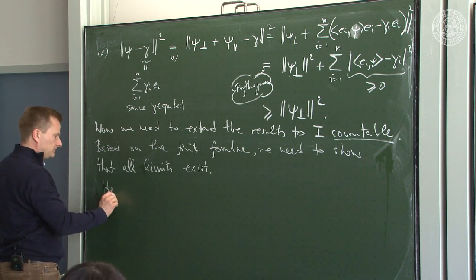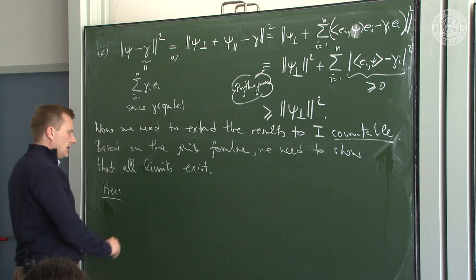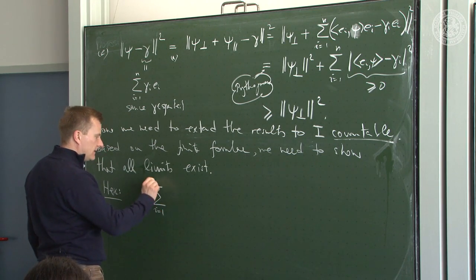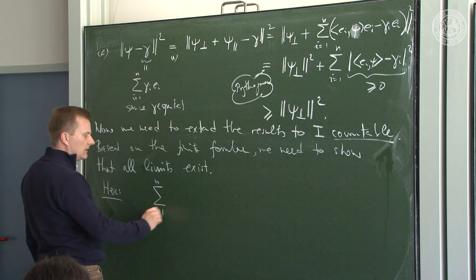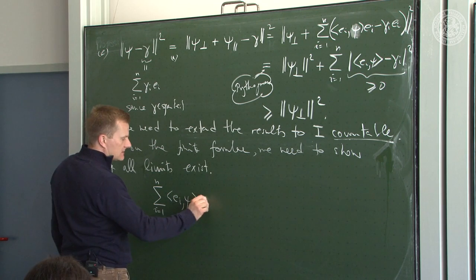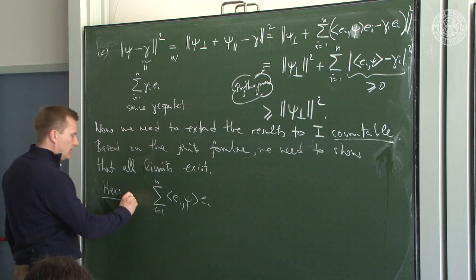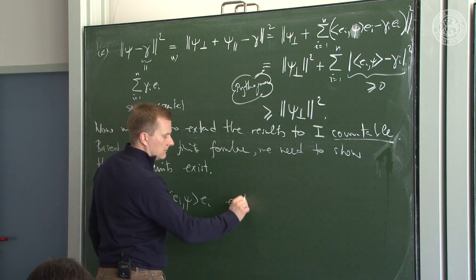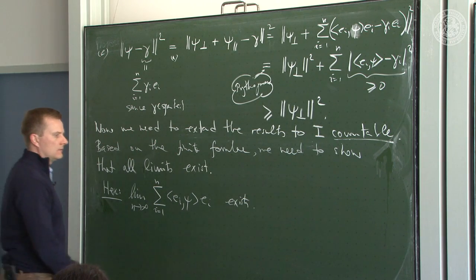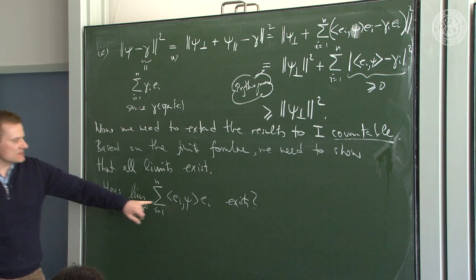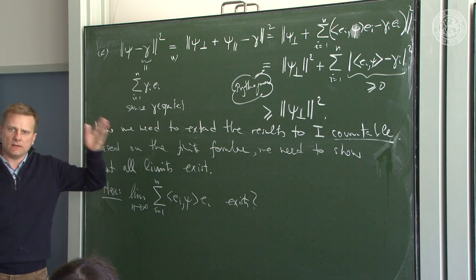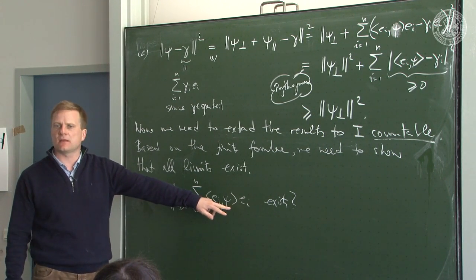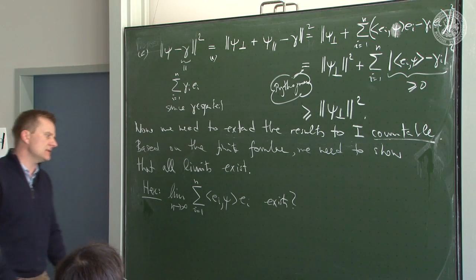So here, the only thing you need to check is whether this limit exists, whether, as i equals 1 to n, these partial sums over ei psi ei, the limit n to infinity exists. Because this limit is exactly what we defined as psi parallel, right? We wrote psi parallel as the sum over all i in capital I of this thing. So does this limit exist?